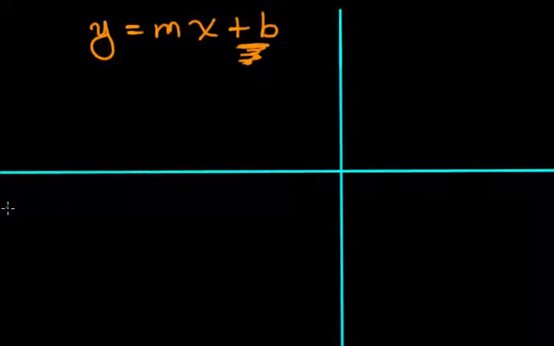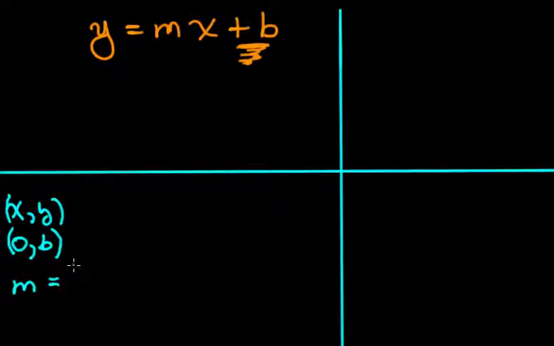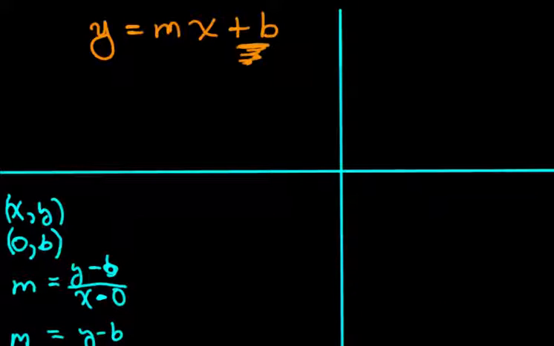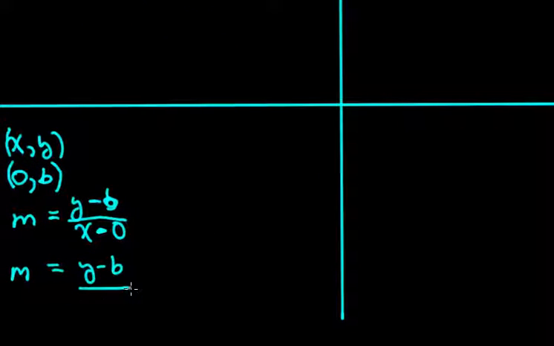If you talk about any point being x comma y, and the other point being the y-intercept, which is when x is 0, and we're giving it the value of b, well, we can use the slope equation: m equals the difference in y's, y minus b, sorry, get my y's right, over the difference in x's, x minus 0.